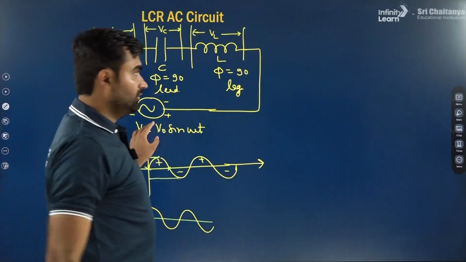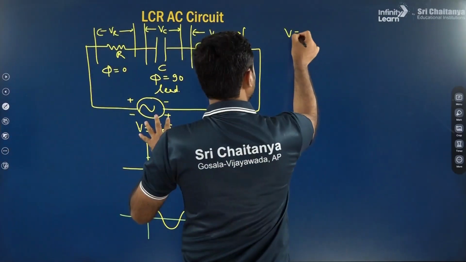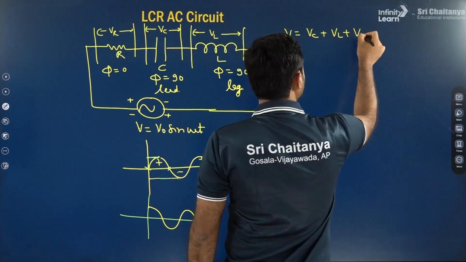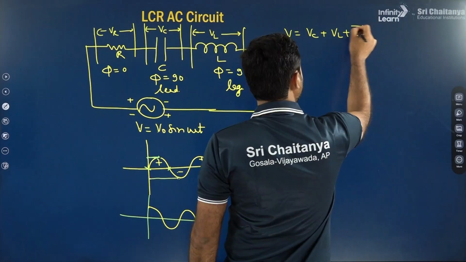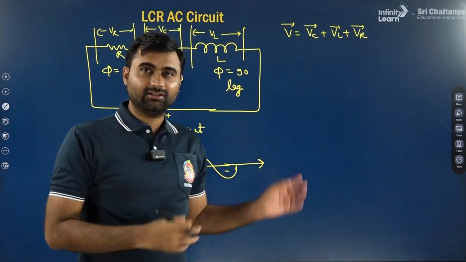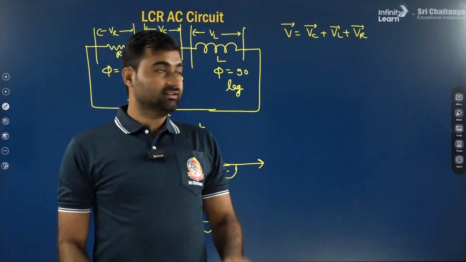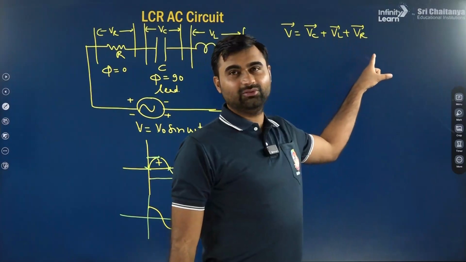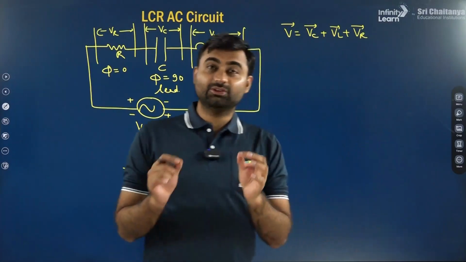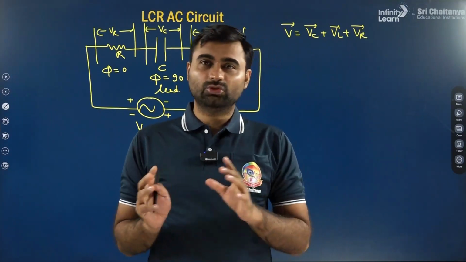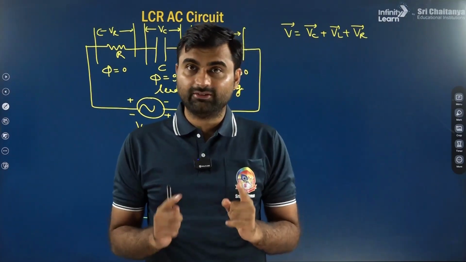So this applied voltage V must be equal to VC plus VL plus VR. But now you will say, sir, the same thing is in a DC circuit also. Yes, same thing, but the difference is that here we will use vector sign. Why vector sign? Because there is phase difference between current and voltage, so we will use vector sign here.